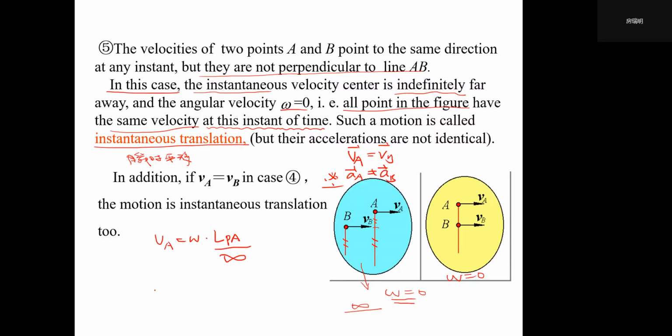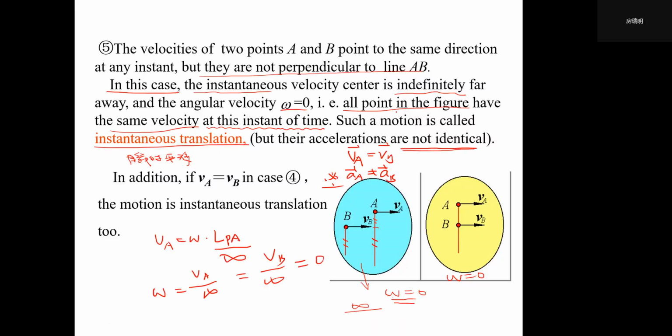Because it's big enough, omega will equal VA over this. Omega will equal VB over this. So it will equal 0. So we call that only in this time moment, it has an instantaneous translation. But their accelerations are not identical. You guys, please pay attention to this.